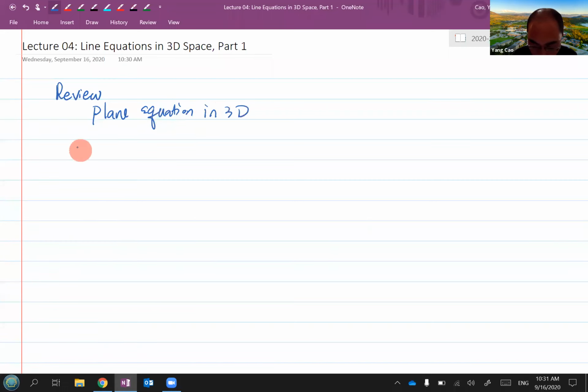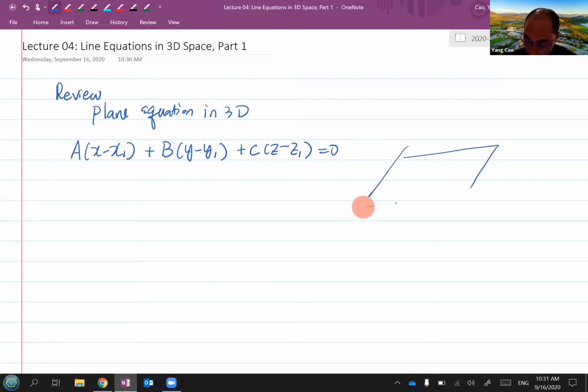And the general equation that we have derived, okay, for plane equation in 3D space looks like in this format. And this is just an illustration of the plane. And for this equation right here, as we learned in the previous lecture, there are a couple important pieces of information you can immediately extract out of this equation.